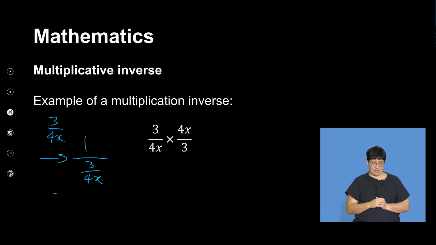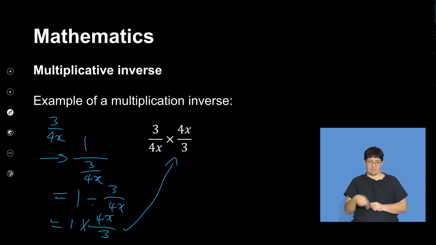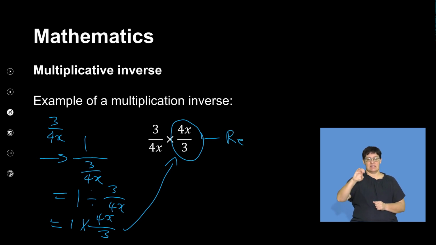And then this is the same as 1 divided by 3 over 4x, which is the same as 1 multiplied by 4x over 3. That's where the 4x over 3 comes from. So we call this the reciprocal. So it's either a reciprocal or a multiplicative inverse. They both mean one thing.